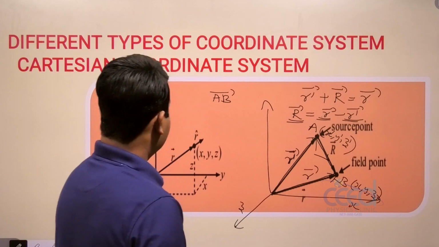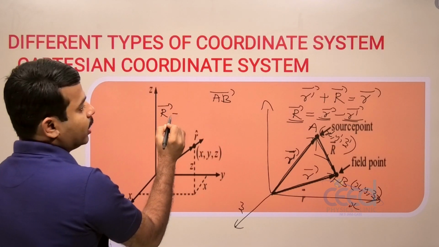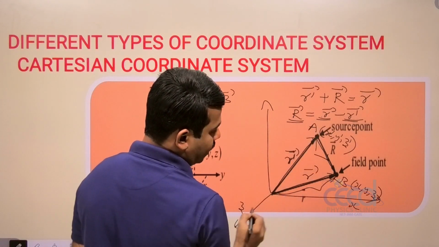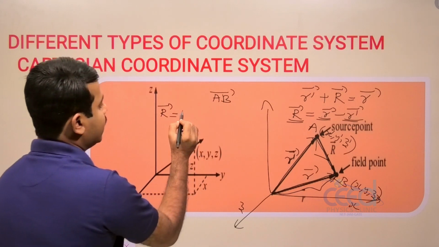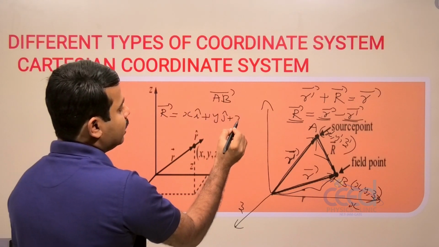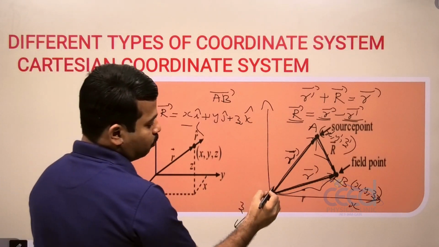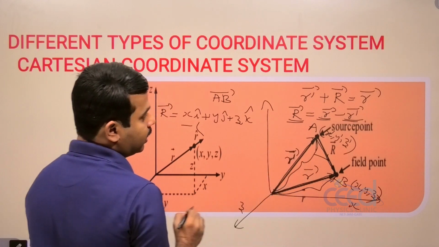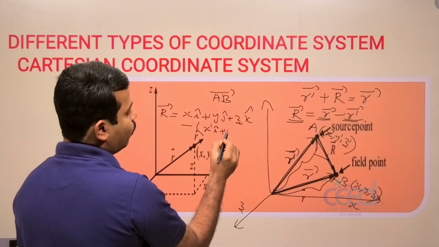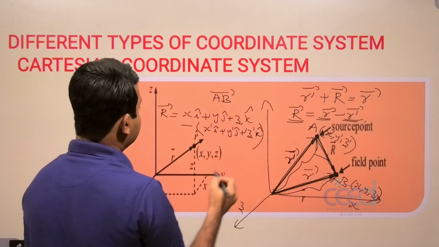So let me write R is equal to, what is position vector r? That is x i cap plus y j cap plus z k cap, minus position vector r dash, that is x dash i cap plus y dash j cap plus z dash k cap.